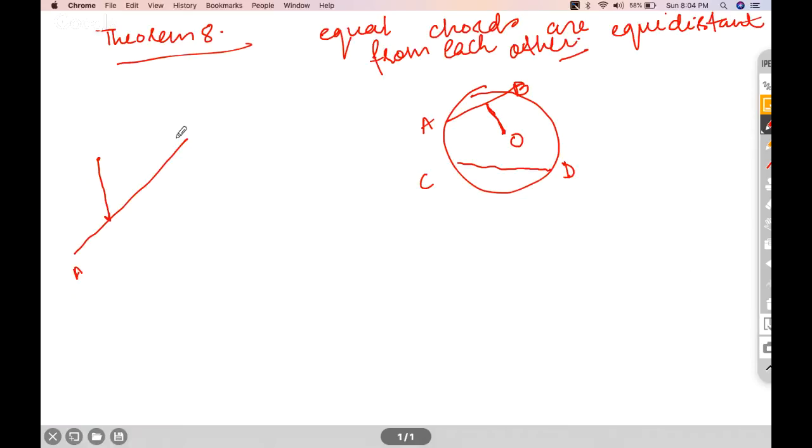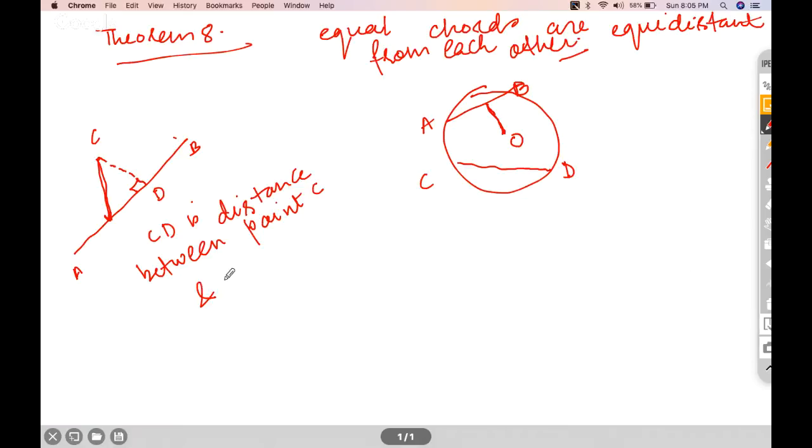Suppose this is AB and this is C. So the distance between C and AB is not this distance. The distance between AB and C is this perpendicular distance.